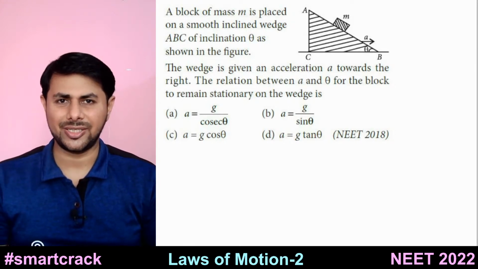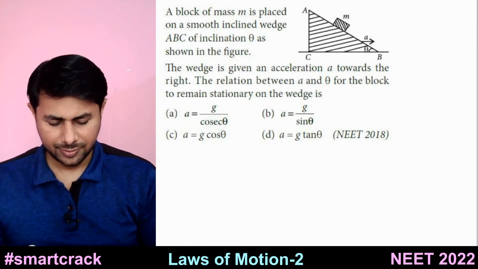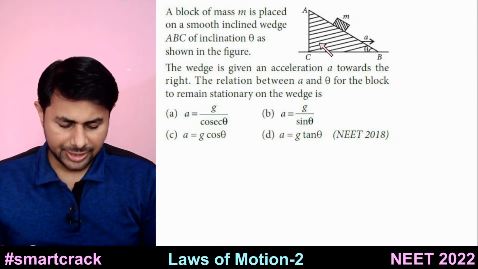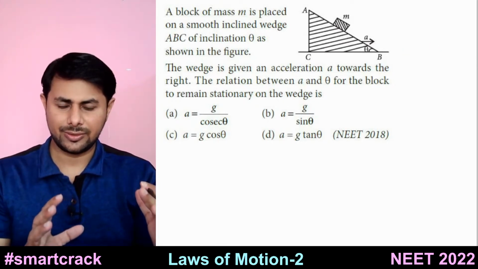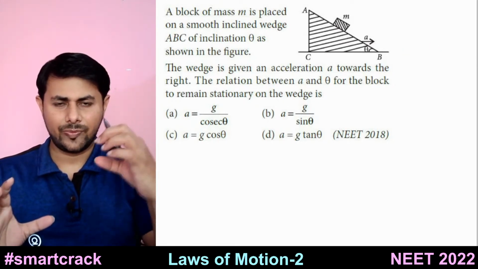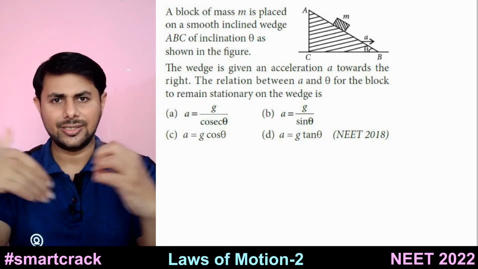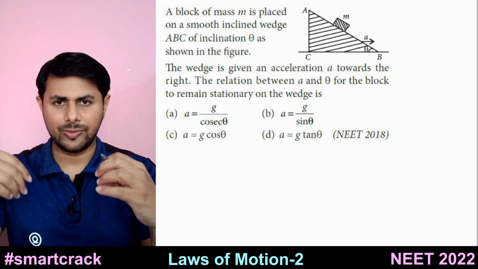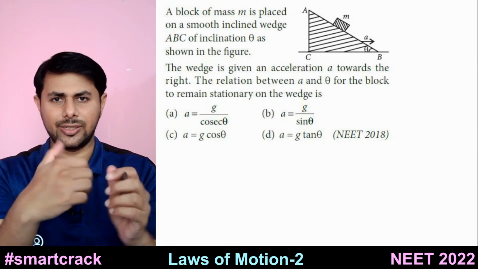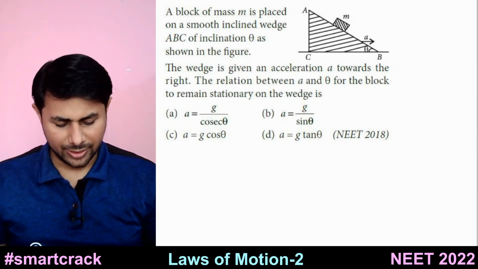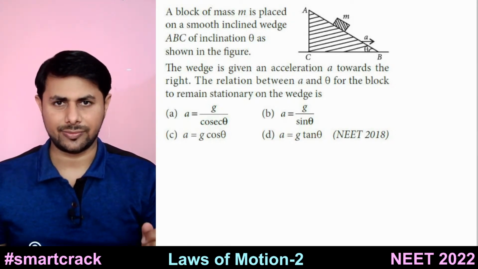Why would it remain stationary? Because as this wedge is moved towards right, what happens? The block will be pressed against the wedge. So it will feel a pseudo force in opposite direction to that of what? Acceleration.